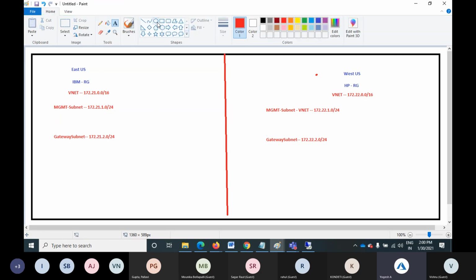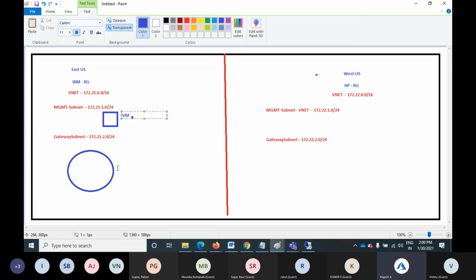So under the gateway subnet, you are going to deploy a gateway, and under the management subnet, you are going to deploy one virtual machine. So this is a VM, this is a gateway.